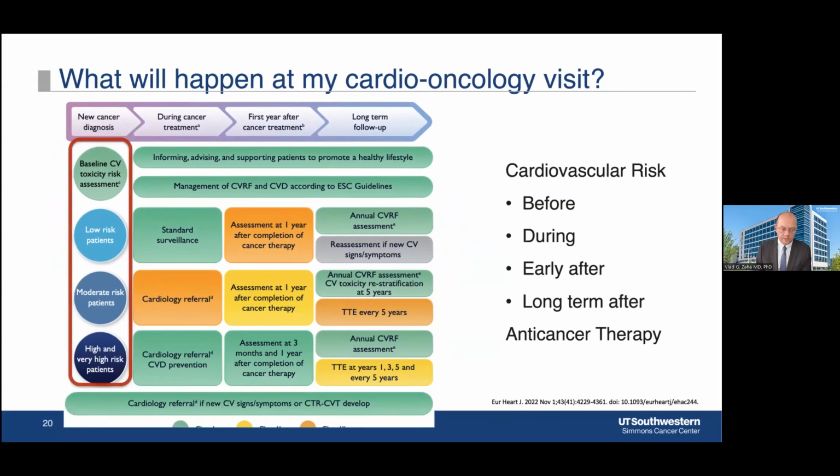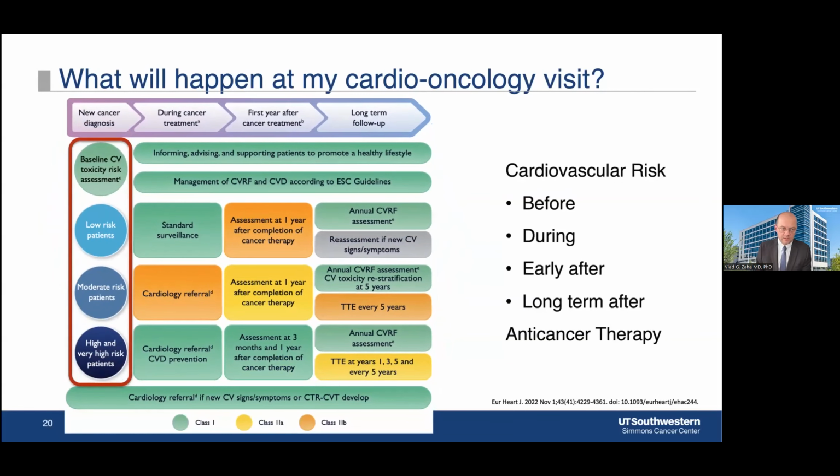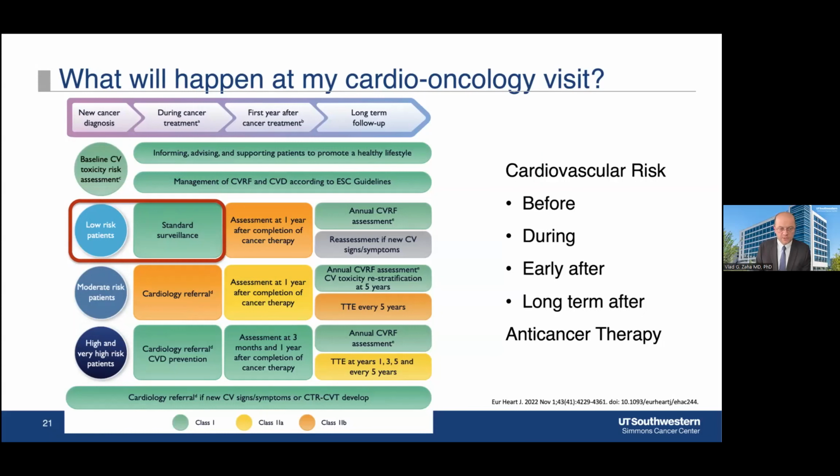So going from the starting point at diagnosis, the patients are evaluated and classified based on their baseline cardiovascular risk and the toxicity risk assessment of their treatment. So there will be low risk patients, moderate risk patients, and high and very high risk patients. Based on this, focusing on the low risk patients, for the most part, the standard surveillance that is happening within the general clinics is sufficient.